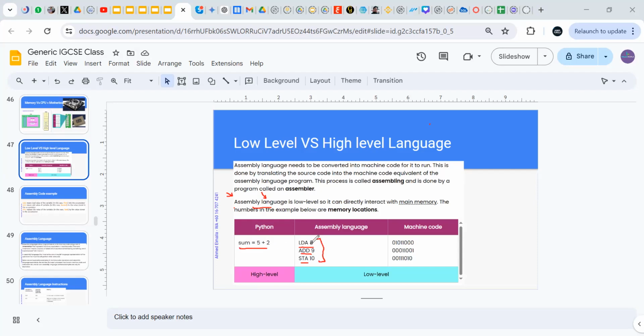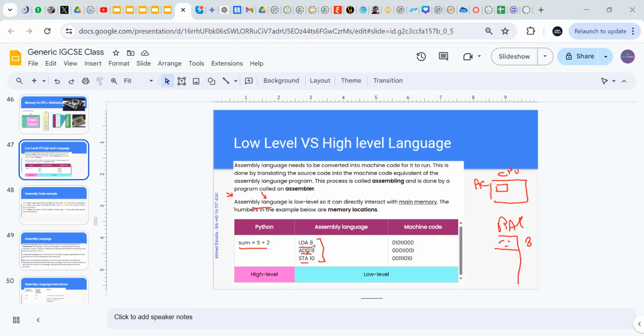The difference here is that this is telling the computer to go to address 8 in the RAM, load the content of address 8 and put it in a certain register in the CPU. This register is typically called the accumulator, sometimes AC. We write it AC. We get the contents from address 8 and store it inside AC.